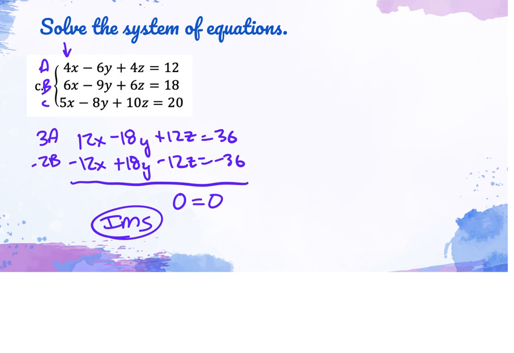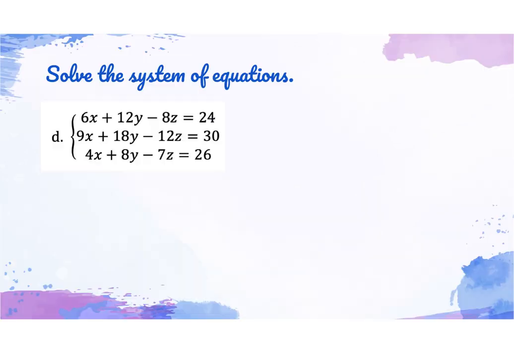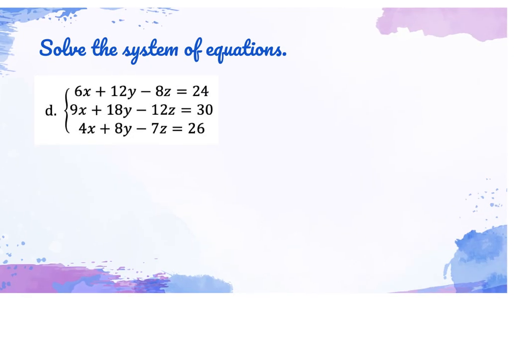All right, so next one. Slight variation. Again, I'll take A and B again. If I take 3A and I take negative 2B, that'd be 18x plus 36y minus 24z, and 3 times 24 is going to be 72.